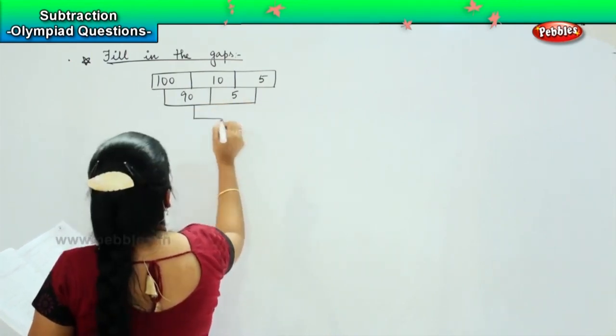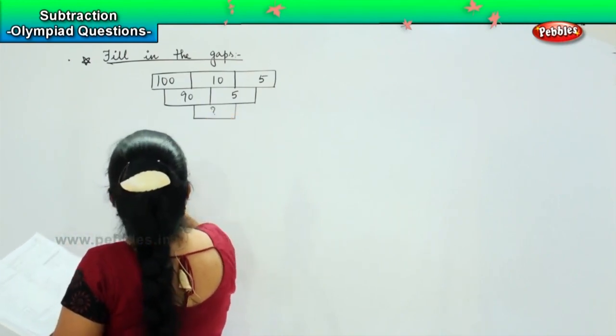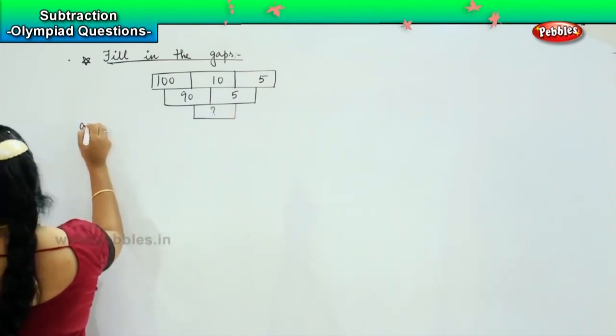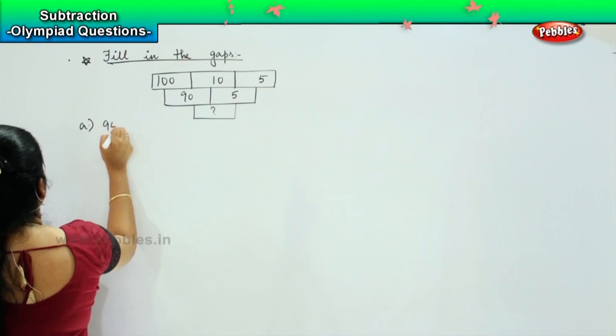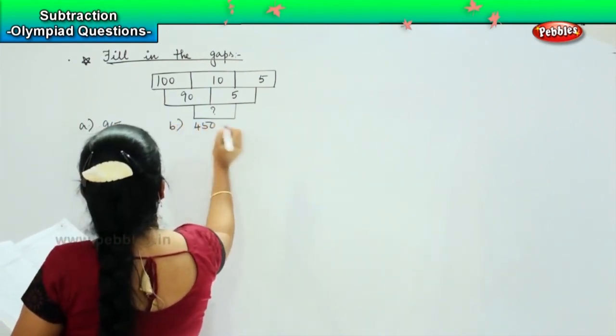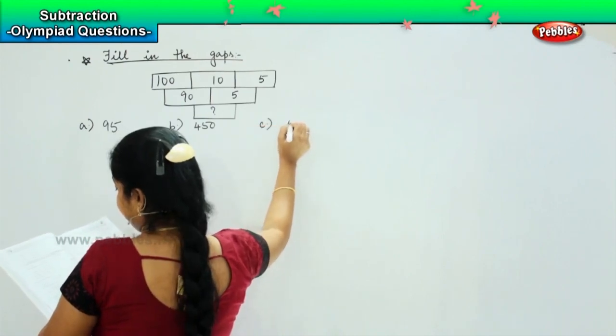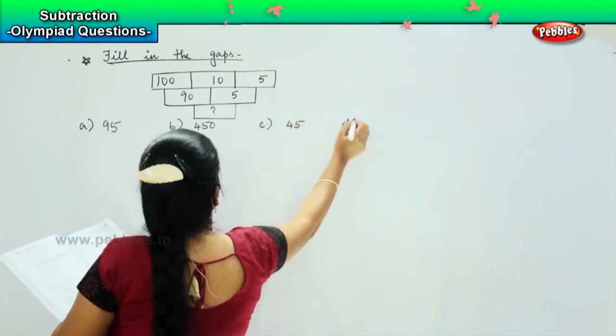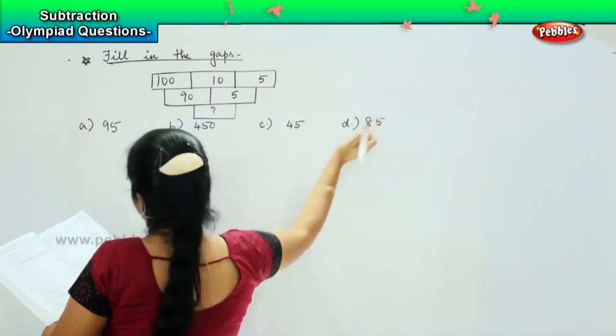And this box you need to fill. And your options are A 95, B 450, C 45 and D 85.